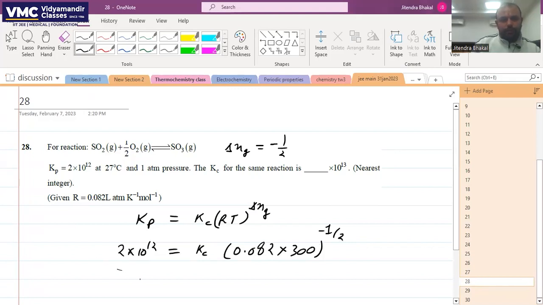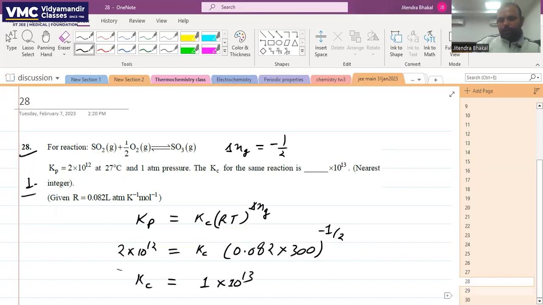Now we get the Kc value equal to 1 into 10 raised to power 13. We need the coefficient of 10 raised to power 13, that is 1. So for question number 28, the answer is 1.